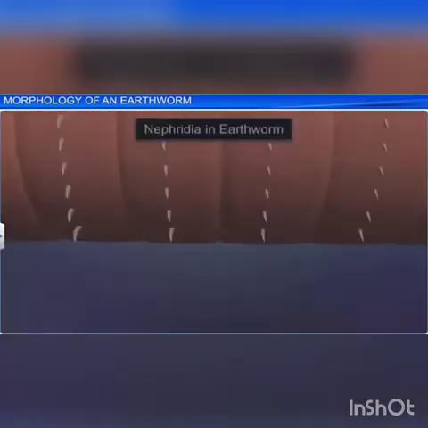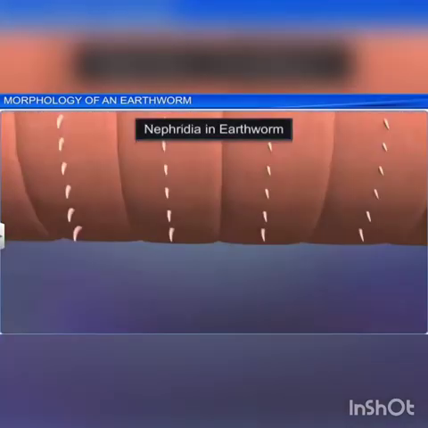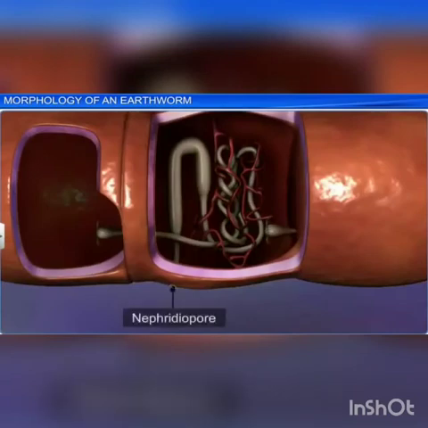These are the external apertures found in the body. And nephridiopores are numerous and found throughout the body of the earthworm, which helps in excretion. Removing all the excretory products is the work of the nephridiopores. Okay. So these are the different external apertures of the earthworm.